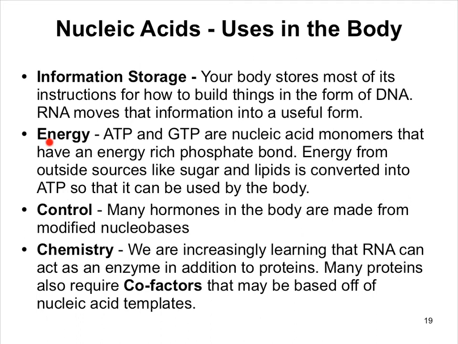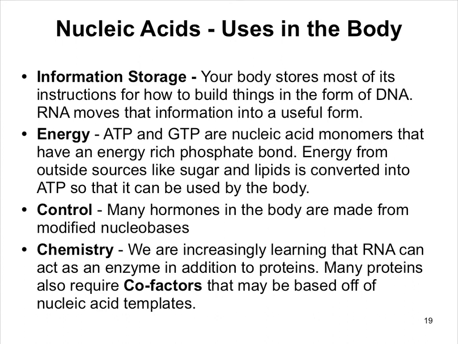Second main function, energy. Now, you don't typically break down RNA and DNA for energy like storage or anything, but the energy currency that your cell uses is in the form of ATP and GTP. The A and G are the same A and G as are in DNA, right?